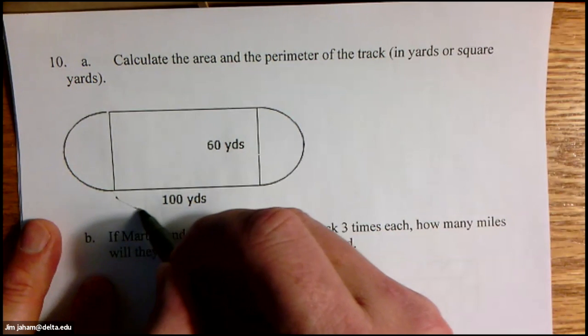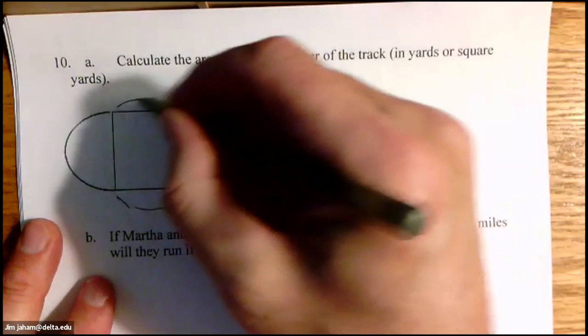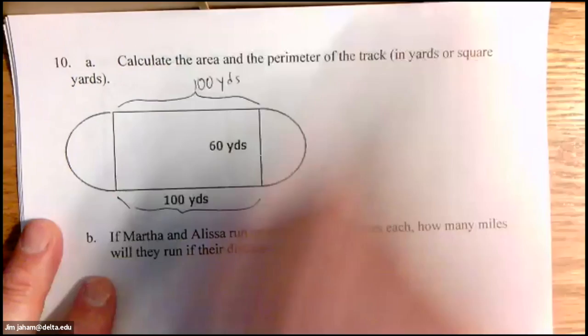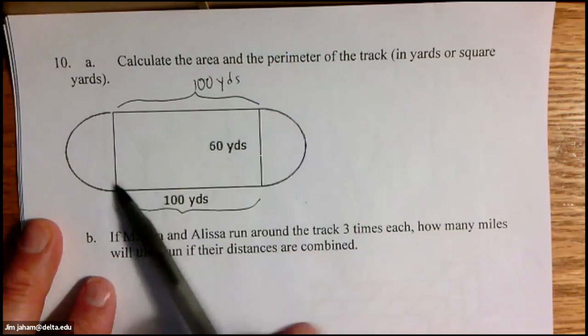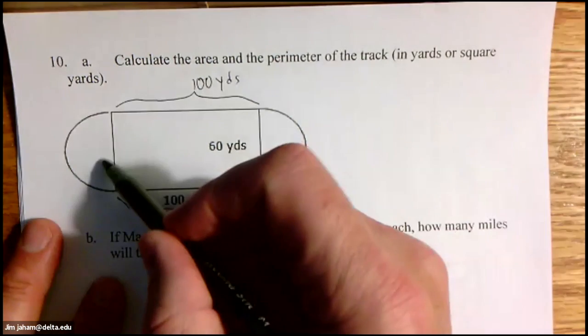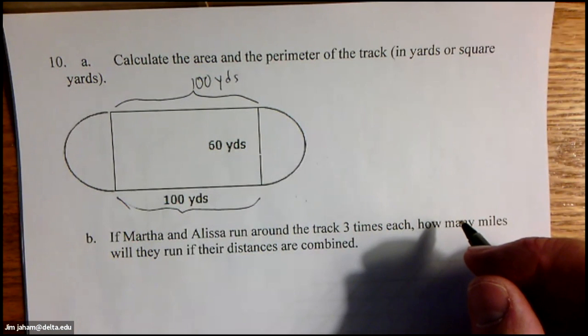I'm assuming that they're saying that this length is 100 yards. Again, my assumption is that this is a rectangle. I'm also going to assume that this is a half circle and this is a half circle. So when you put it together, you get a whole circle.